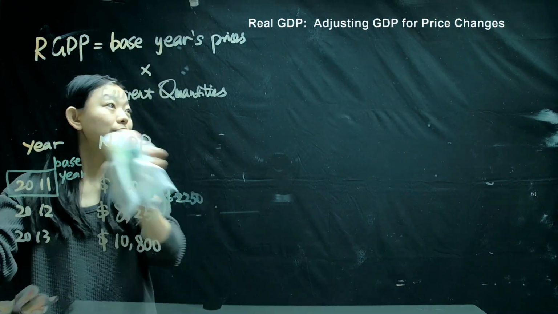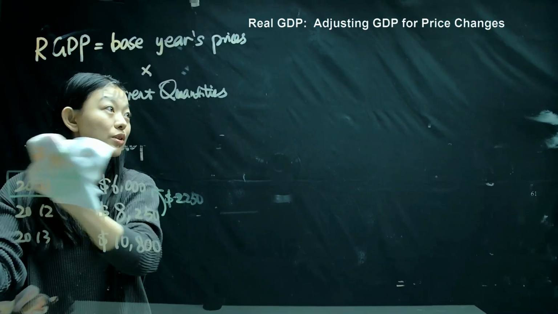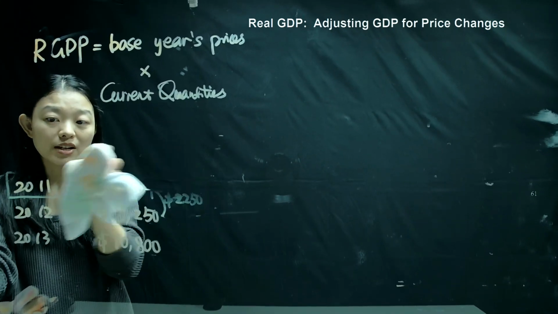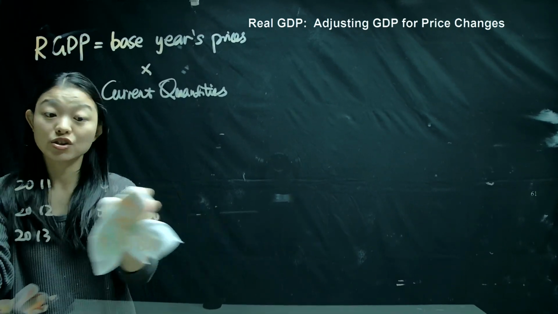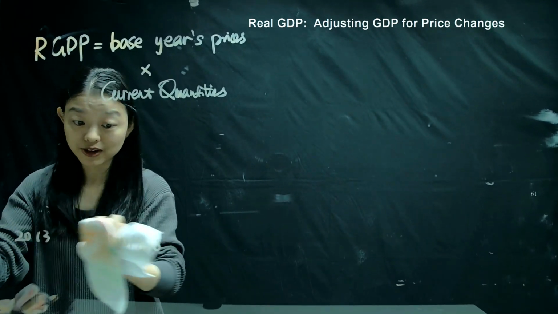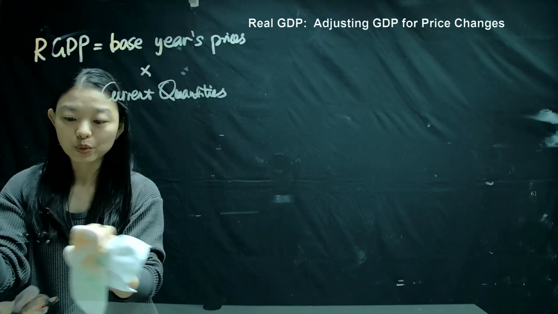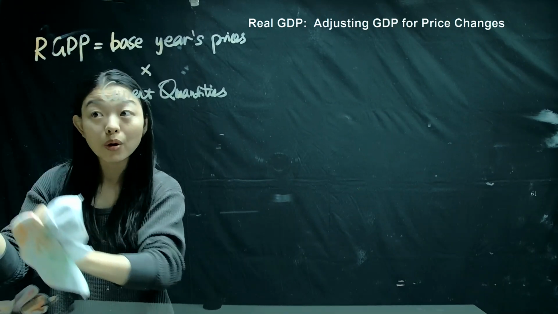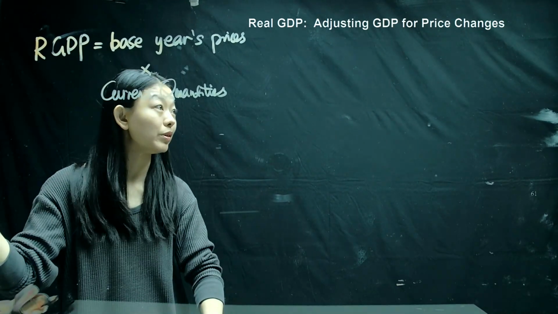All right, so real GDP, as we just talked about, can adjust the GDP for price changes because real GDP is already corrected for inflation. And this is why we care about real GDP more than nominal GDP.